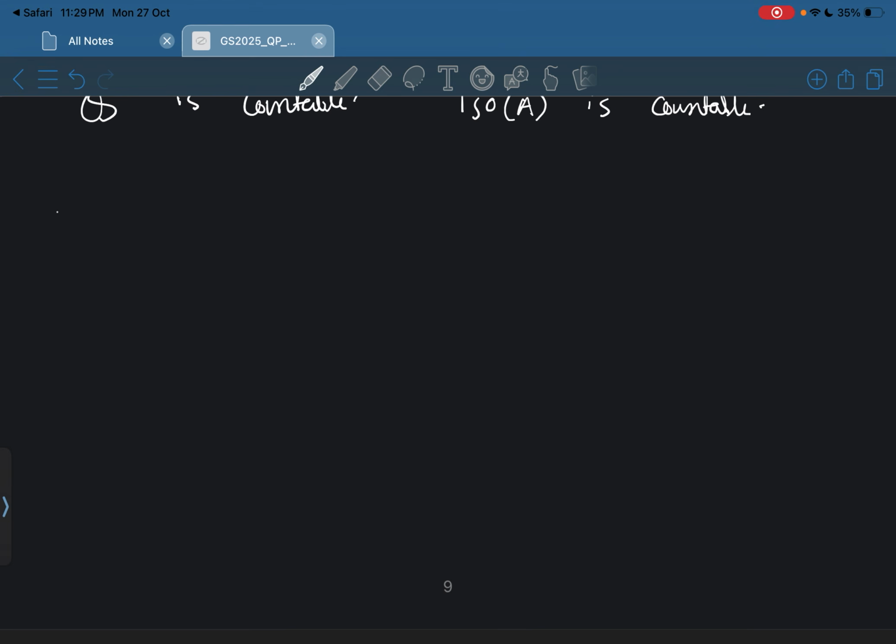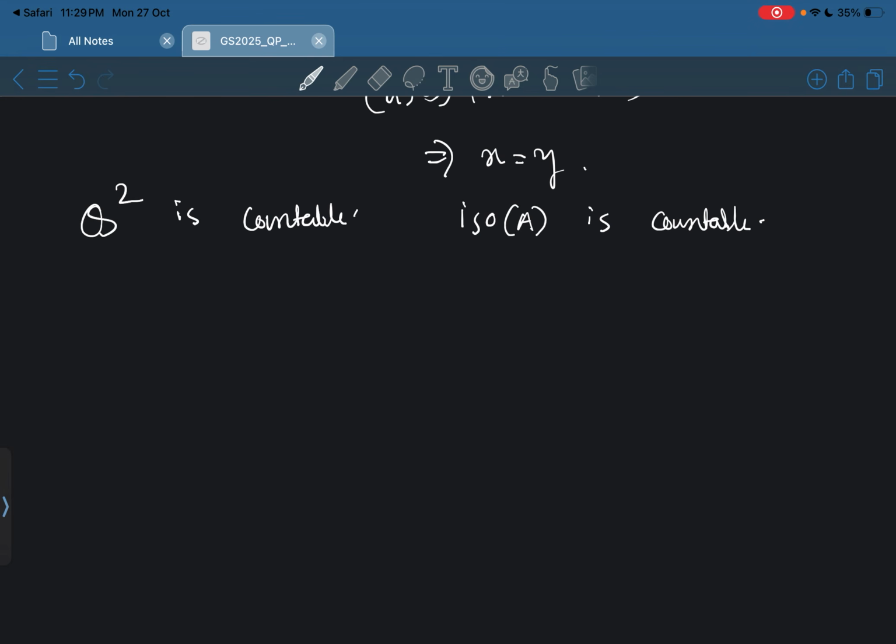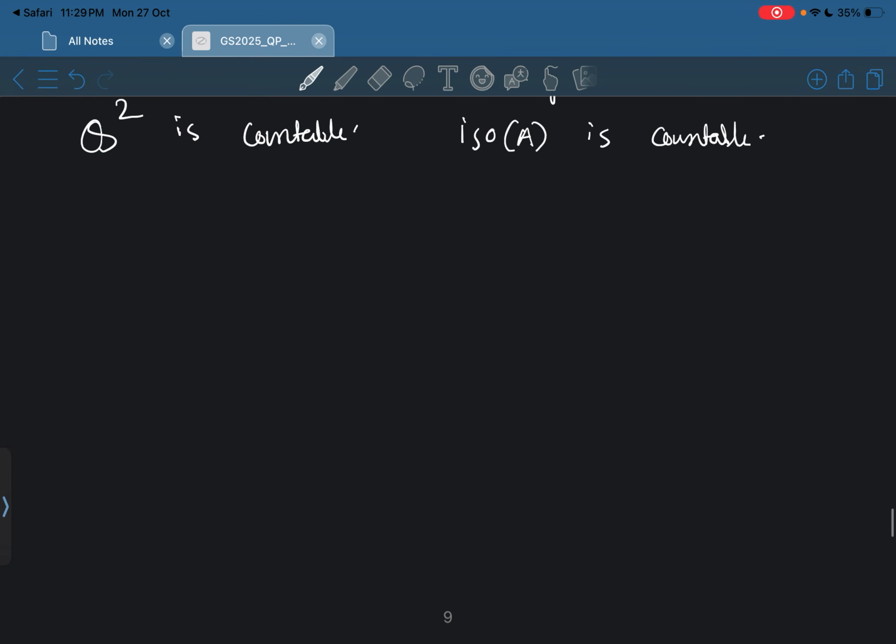So first thing, observe: is there an open subset such that it contains uncountably many connected components? How to do it?